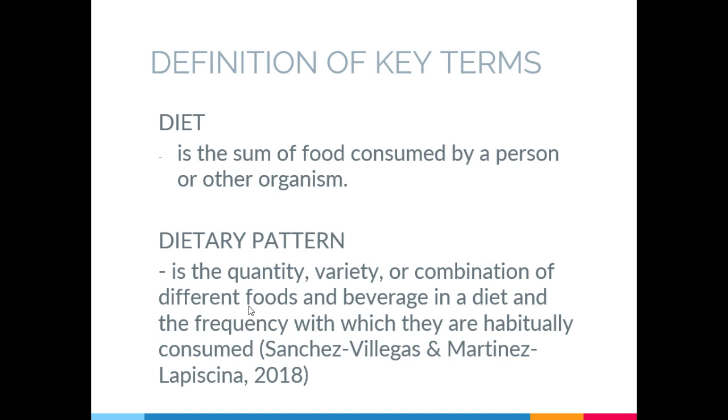Okay? So, I just want to point these two terms out because they are very important, no? Especially in the conventional knowledge of nutrition. Okay? You will hear more about this term, especially kaning dietary pattern. So, that's actually how you define it. Okay?